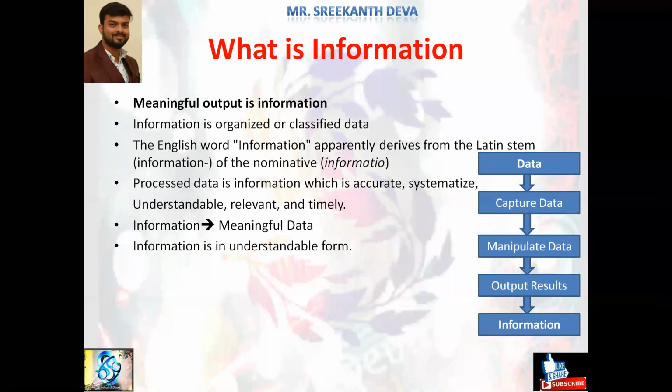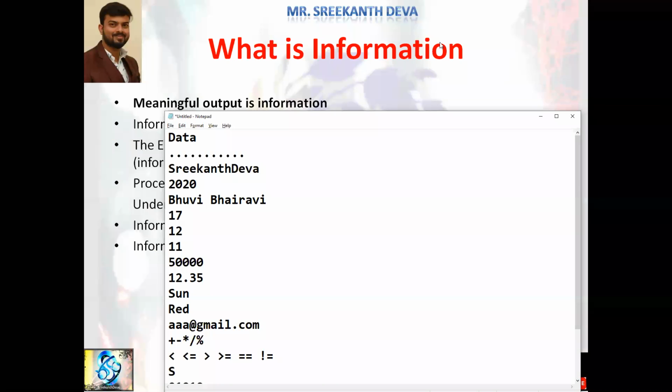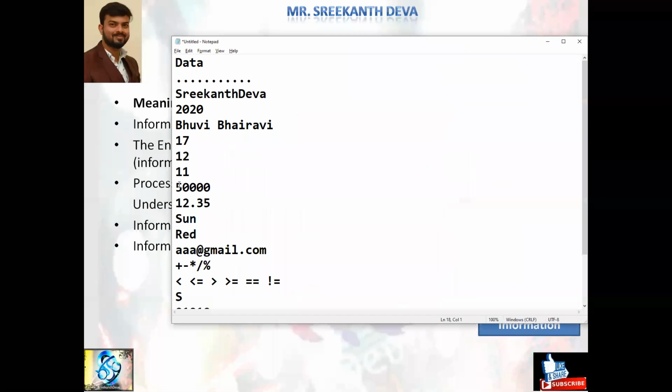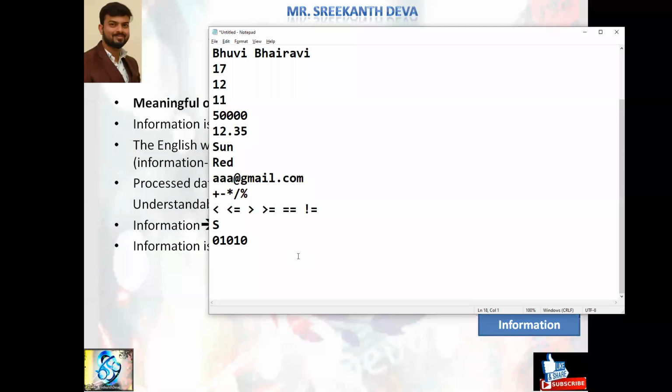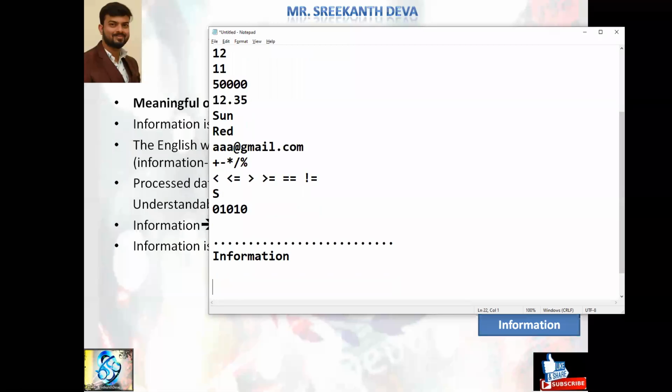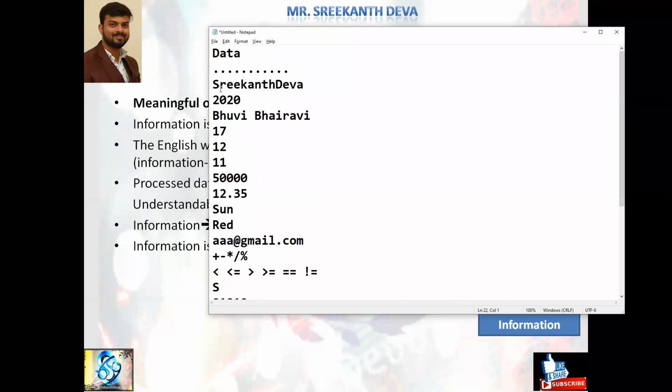Let me go back to my example. This is data. Now I'm providing information, so you can see the difference between data and information. Data, I told you, is SreekanthDeva. Data may be anything; it is text.